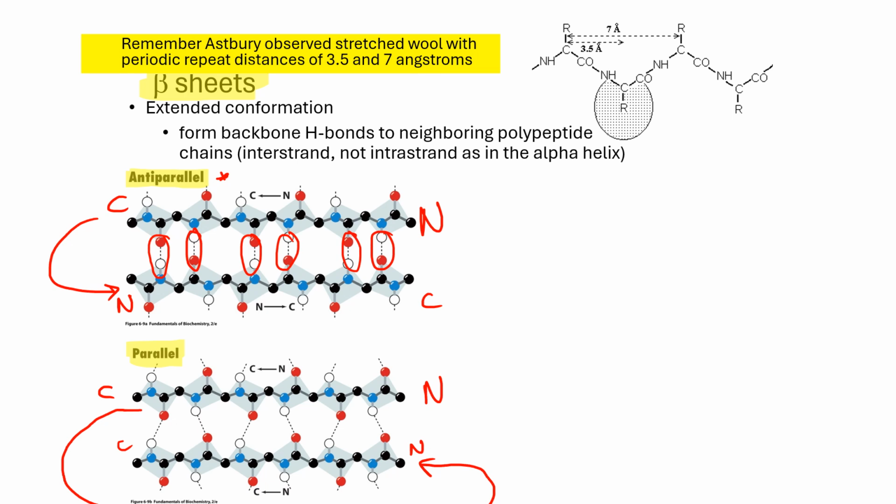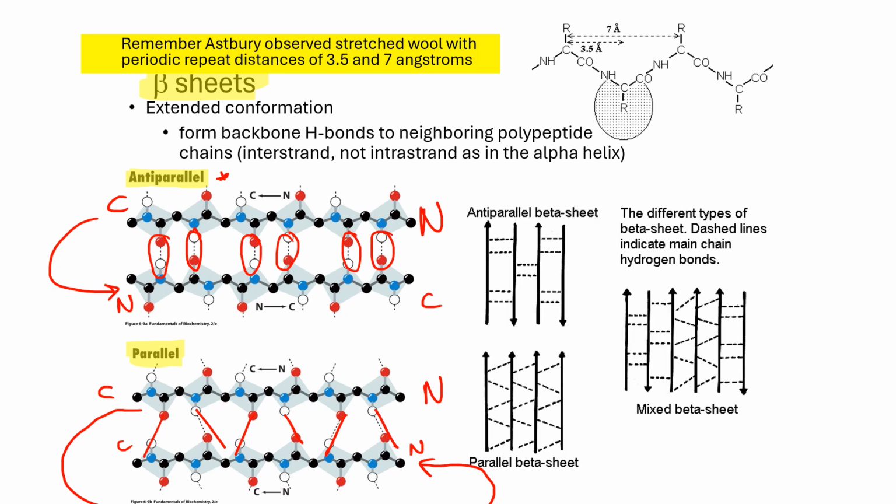And beyond that, you can just describe them simply as they're straight up and down compared to our parallel beta sheets where they're at an angle. Now, the significance of this is that these angled hydrogen bonds are a little bit longer. They're kind of stretched out.